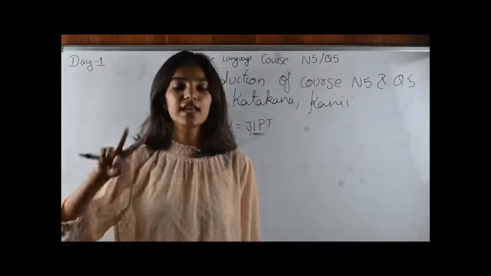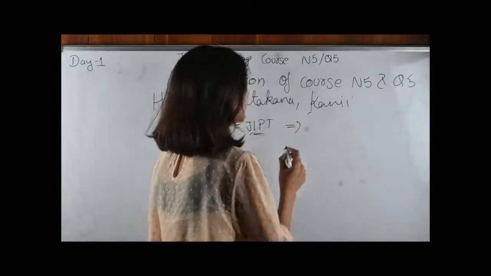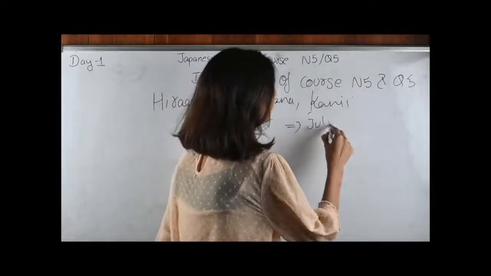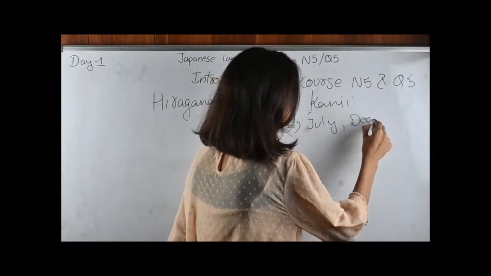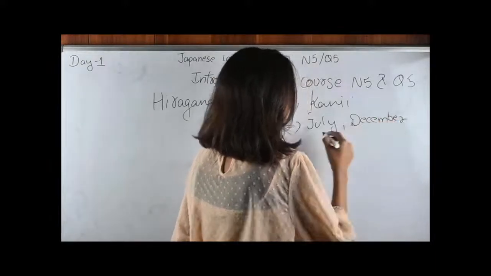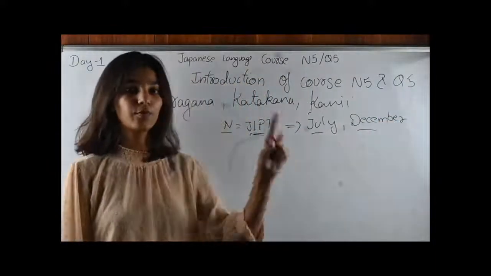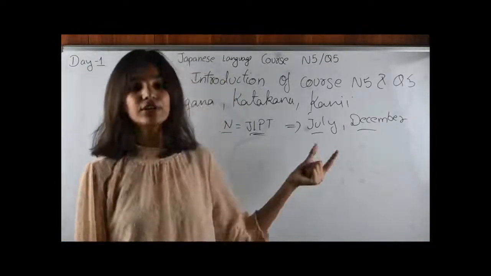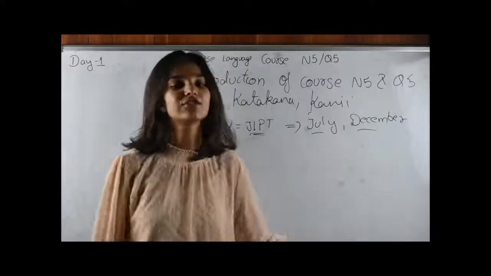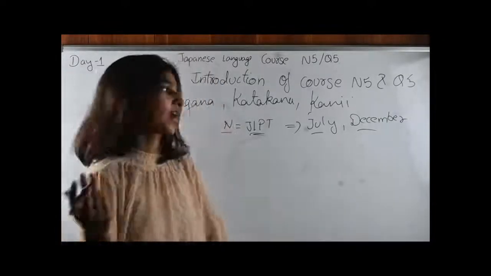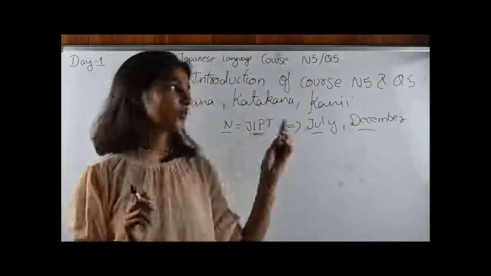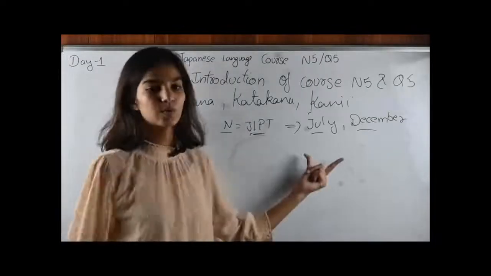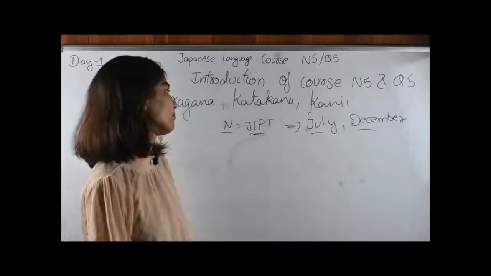It is held only in July and the second is December, so within 6 months. The first is July, and if you're unable to attempt in July, the next option is December. There are no exams held between or before these months. So JLPT is held twice a year, in July and December.